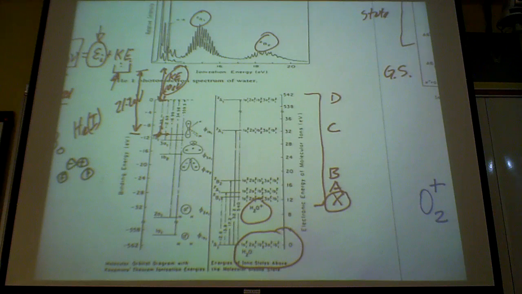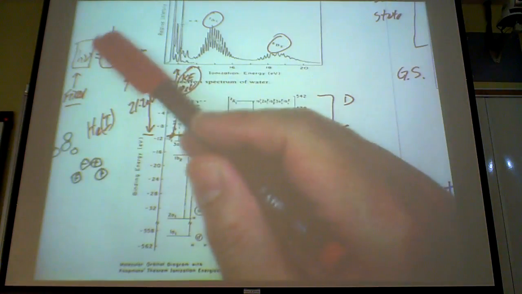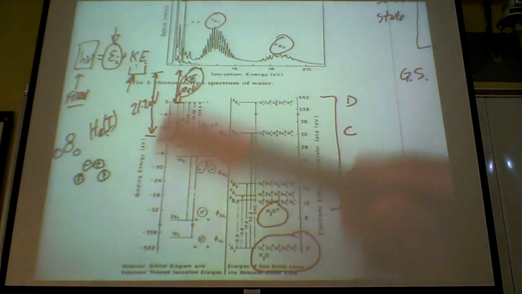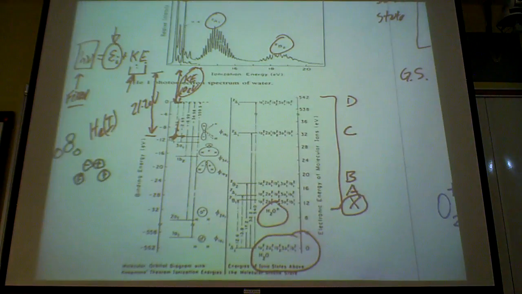Koopman basically says that this binding energy here corresponds to my molecular orbital energy, in this picture, ejecting a single electron from that orbital one at a time.